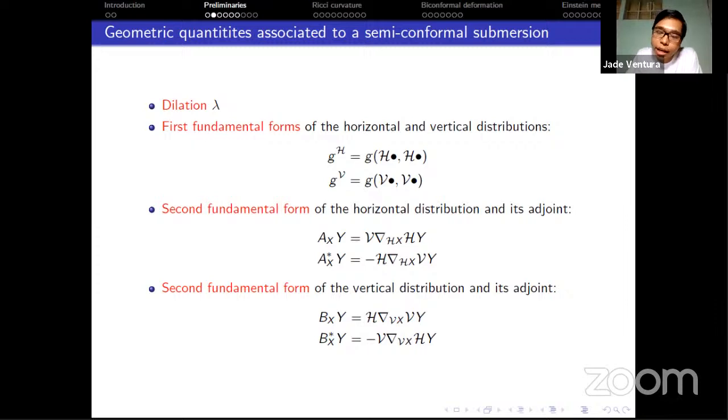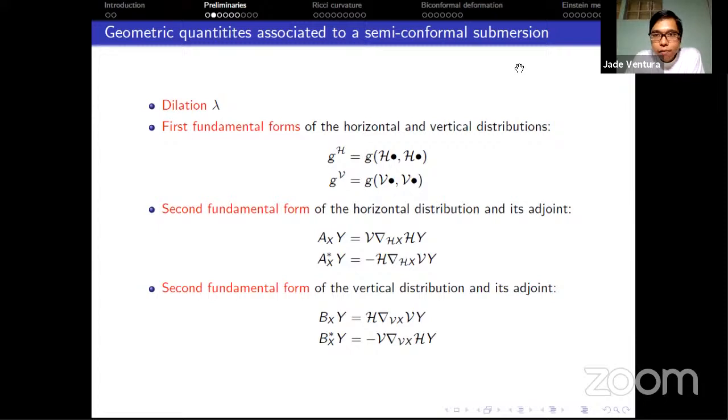So we obtain GH and GB. Those are the first fundamental forms, horizontally and vertically, respectively. Also, the second fundamental forms of the horizontal and vertical distributions, those are A and B, respectively, and their adjoints, A star and B star, respectively.